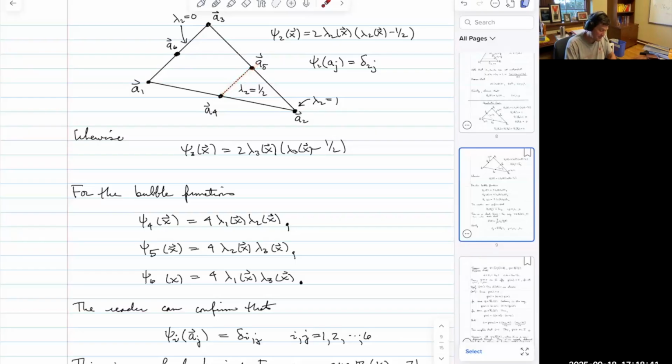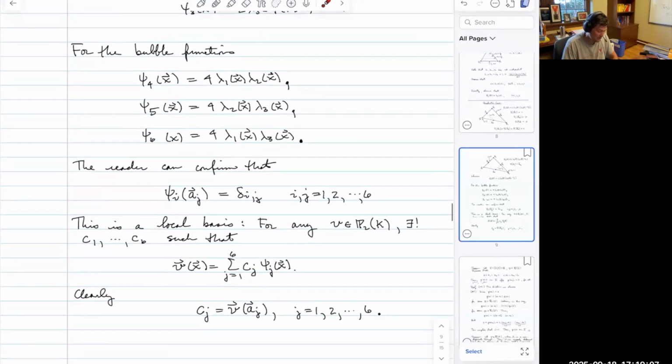So if I fix lambda 2 to be equal to a half, then the value of this just varies like the value of lambda 1. Same with psi 5 and psi 6. You can argue those in a similar way. So these bubble functions look like something like that, and then they kind of look like that.